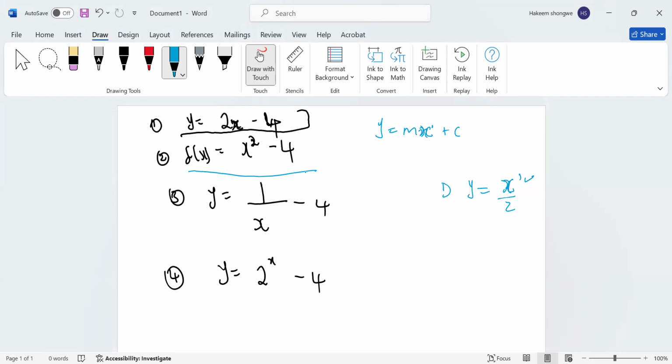What is the difference between this one and this one? X should also be on the numerator, but this one has x to the power of 1, the highest degree of x. The biggest exponent you can have for x is 1. What is the biggest degree for this one? It is 2. So this one is no longer a straight line, but a parabolic function.